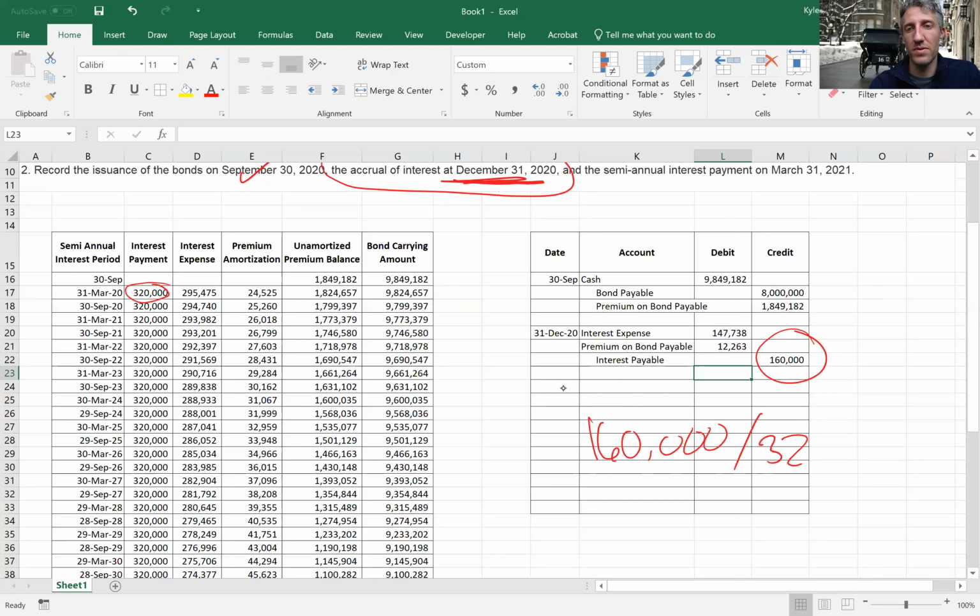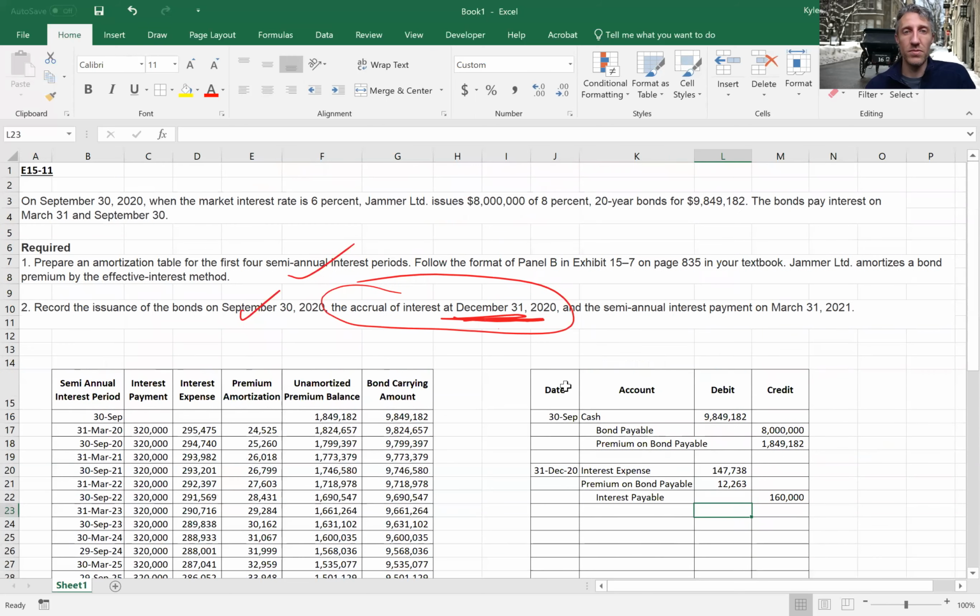Divided by 320 equals 50%. And remember, because we did 3 of the 6 months, they've incurred 3 of the 6 months as of December. They need to reflect 50% of the interest payment as of December. And remember, that's going to be the cash payment to the bondholders. So that's the accrual of interest at December 31st, 2020.